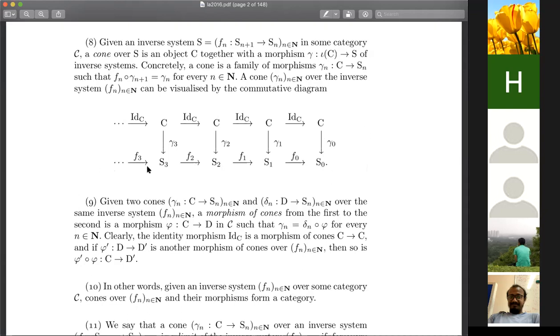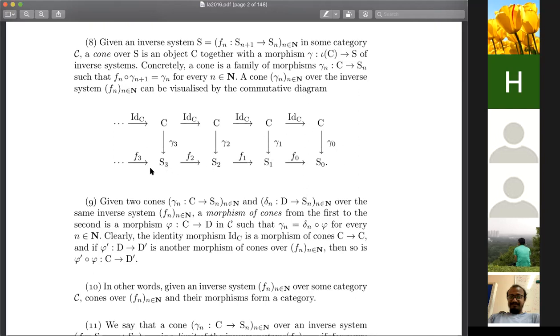What is a cone over such an inverse system? It's actually just a morphism from this inverse system at the top. Remember, that was my example of a trivial inverse system where I have the same object and just the identity maps between that object. So C is some commutative ring.